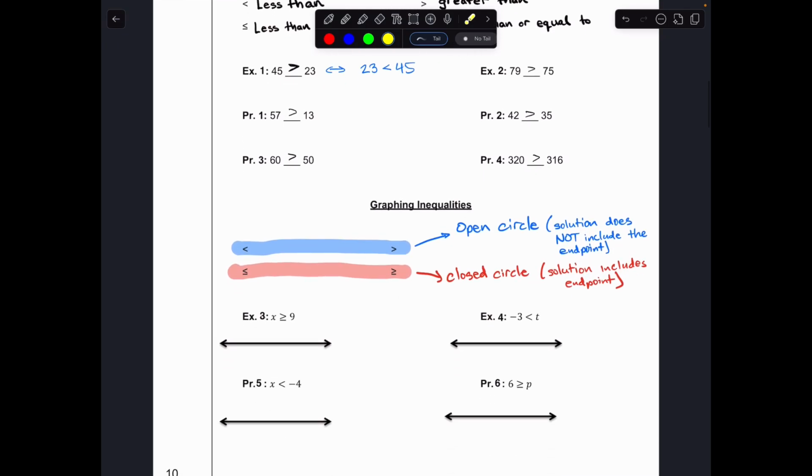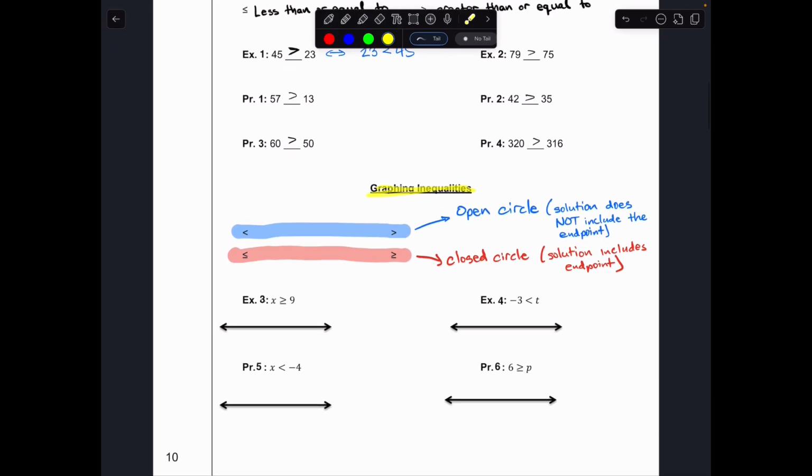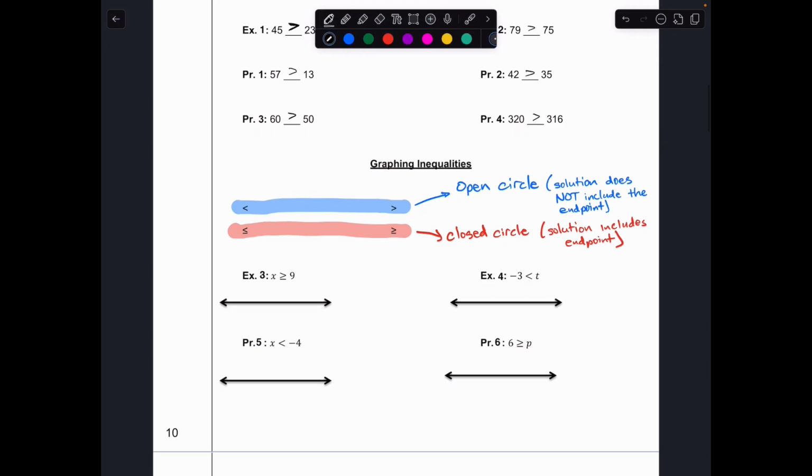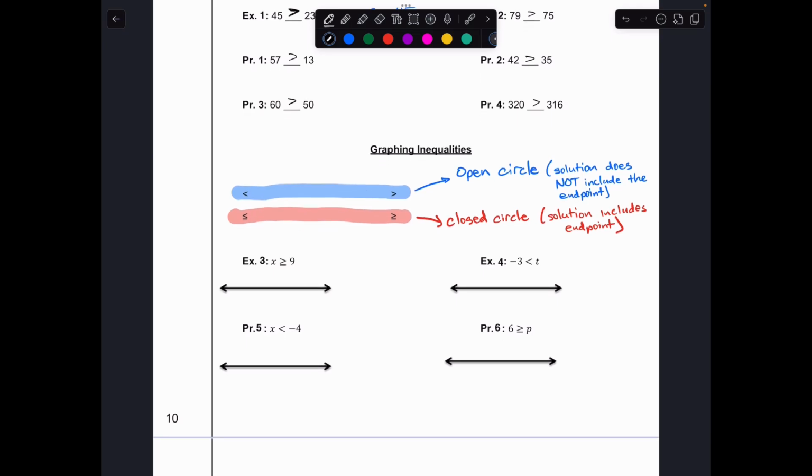Let's talk about graphing inequalities. So when we have one variable in an inequality, we graph it on a number line. And we can do that together now. So in example 3 here, I gave you a blank number line. Every time you have to graph an inequality, I want you to put some tick marks on the number line, like this.